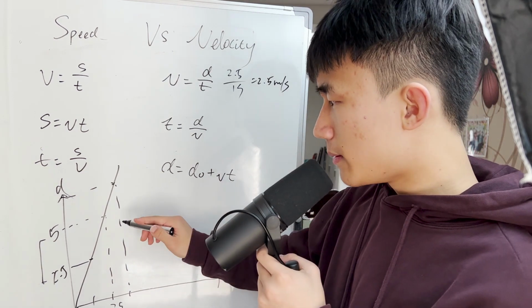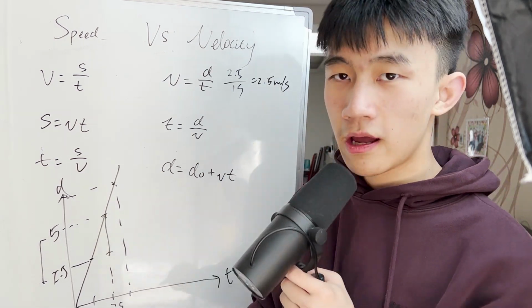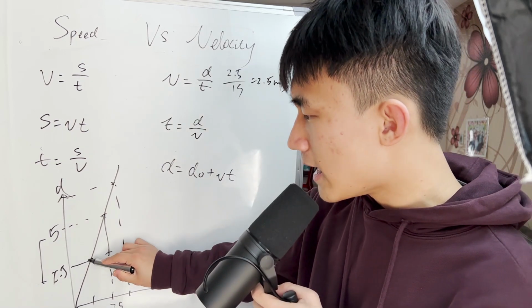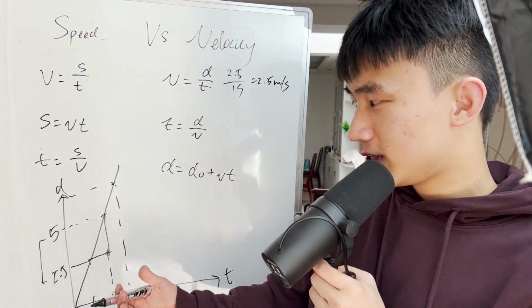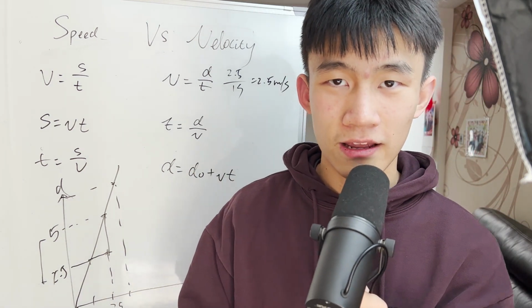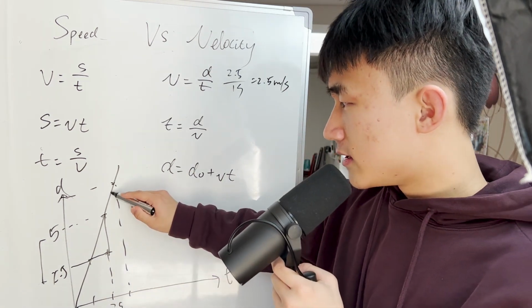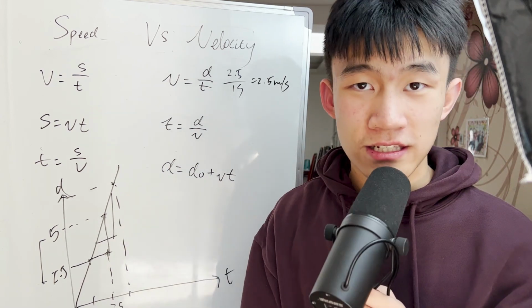And essentially what I'm doing is I'm taking the difference of the vertical axis and dividing that by the difference of the horizontal axis. So this gives me the slope of this line, right? So the slope of this graph is its velocity.